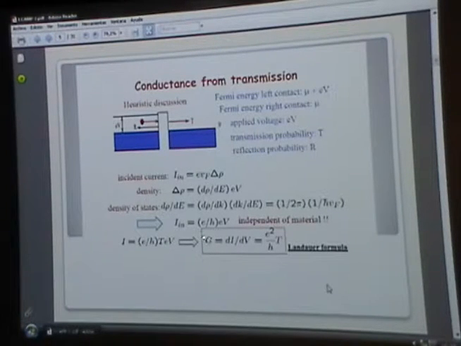This allows us to define the differential conductance as a derivative of the current with respect to the bias voltage, as a Landauer formula. This typically describes the conductance of electrons in a coherent regime.